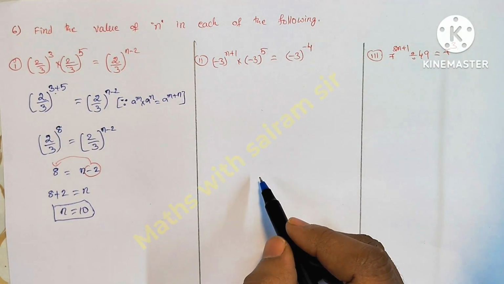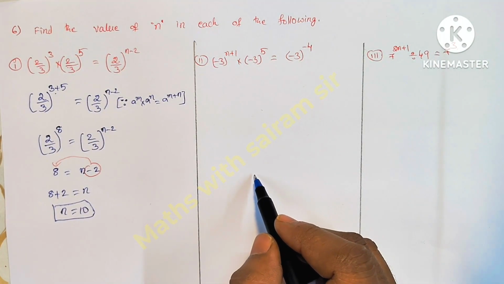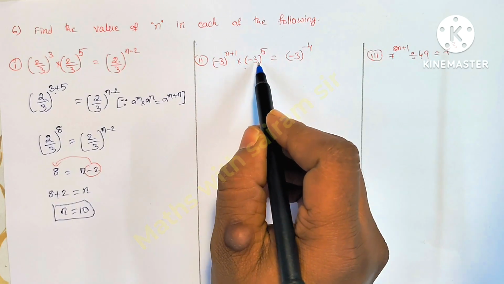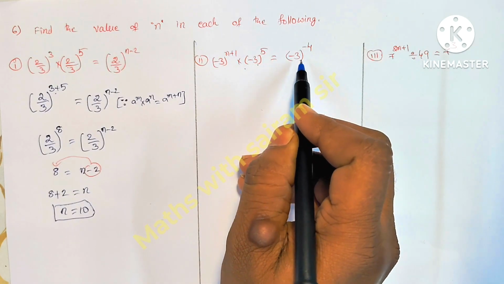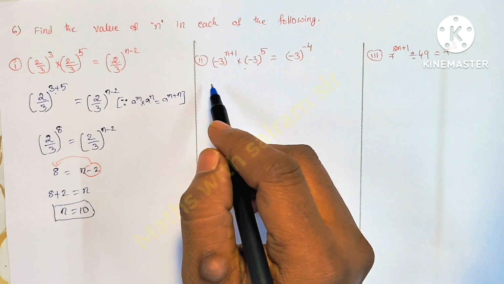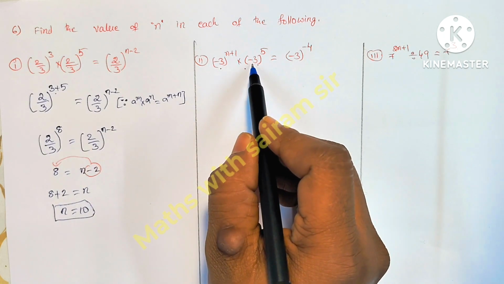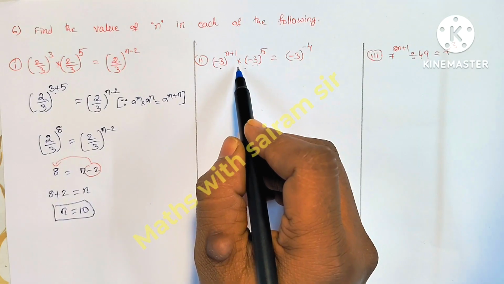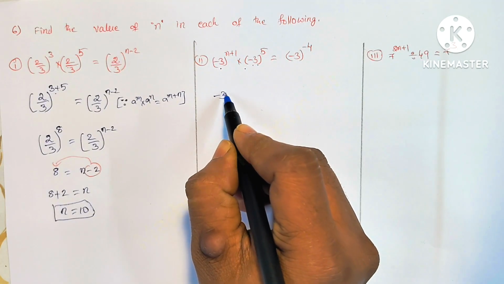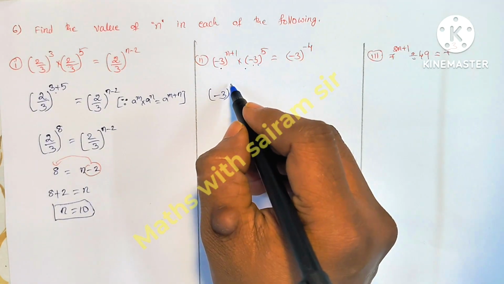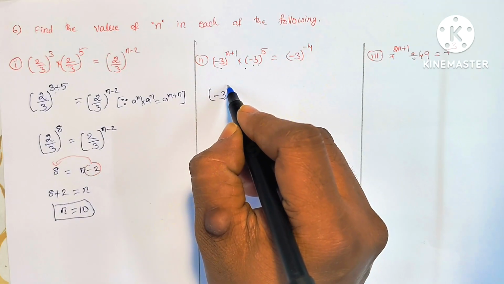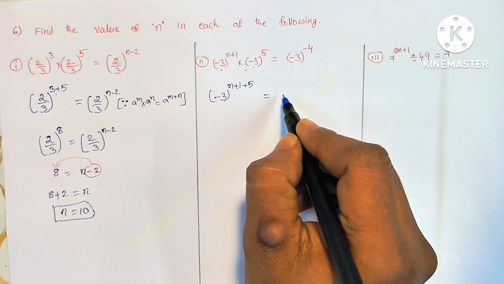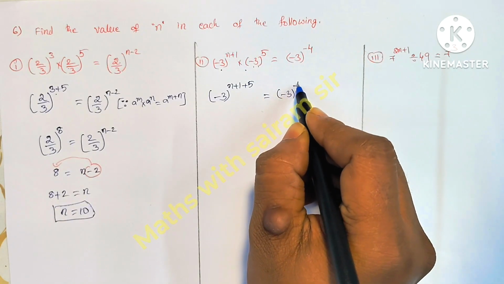Okay. Now in the same manner, let us see the next question. The next question is (-3)^(n+1) × (-3)^5 = (-3)^(-4). Here also the LHS consists of the same base, so we can write the common base as -3 and add the powers. So (-3)^(n+1+5) = (-3)^(-4).